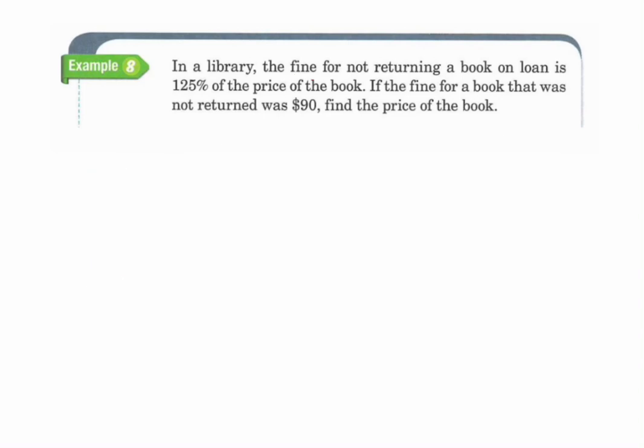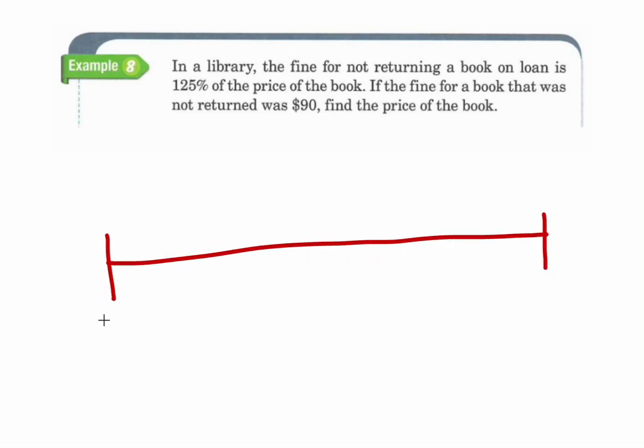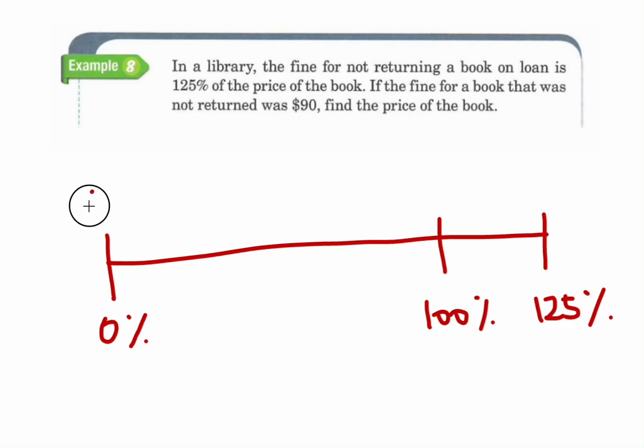We can also use the double number line method. So that would be 0% as always. And we have 125%. So let's go ahead and put the 100% over here. And we'll put the 125% over here. 125% was the fine. So $0 if it's 0%. The fine was $90, and that goes on top of the 125% because that was the fine.